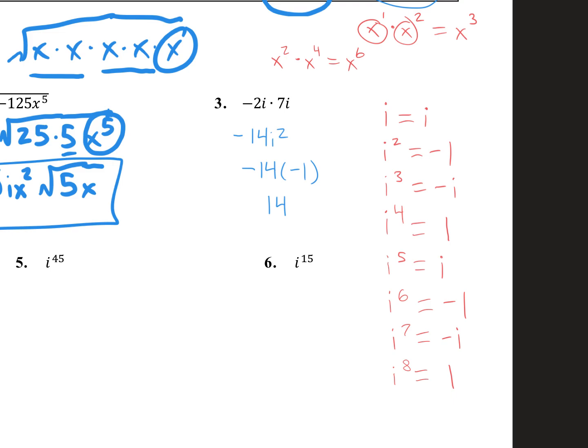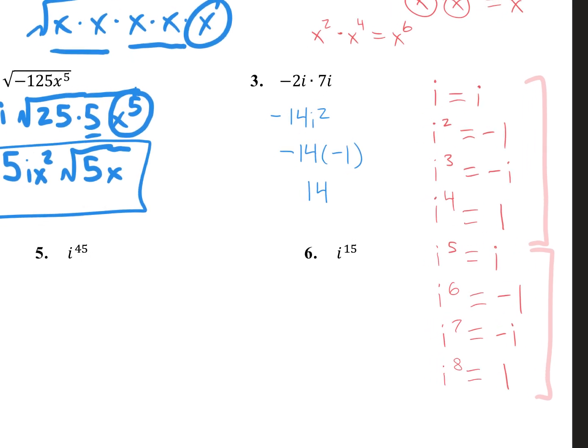All right, so hopefully you see that it is a pattern. After this point, it just repeats. So it goes I, -1, -I, +1. All right, so the trick to doing these powers that have a high exponent for I, you just have to figure out what the remainder is if you divide that exponent by 4.